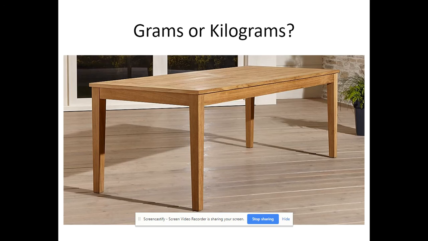If it weighs less than the textbook inside of my desk, I'm going to use grams. Well, I know this table is much, much heavier than my textbook, so kilograms would be the best unit of measurement. All I would need to write for my answer is kg to abbreviate for kilograms.